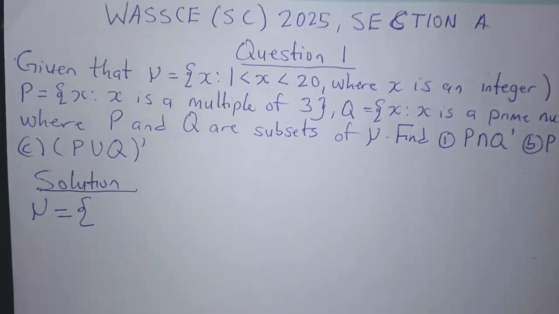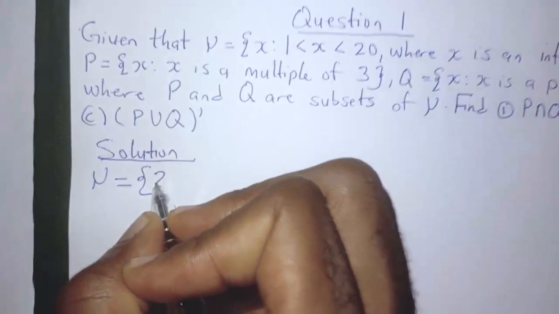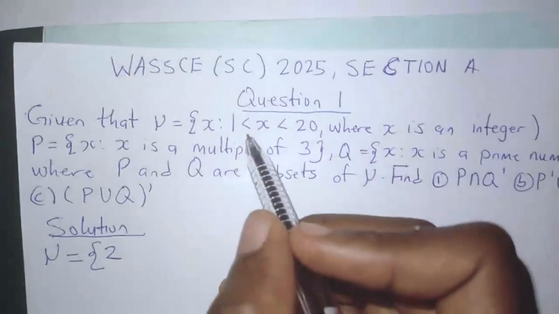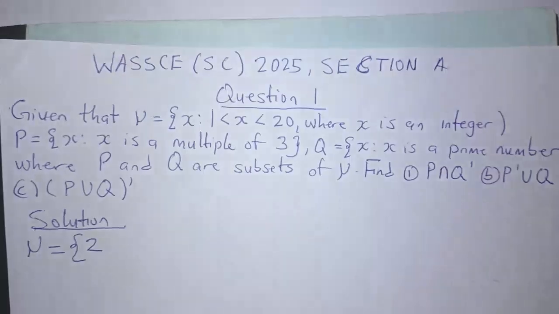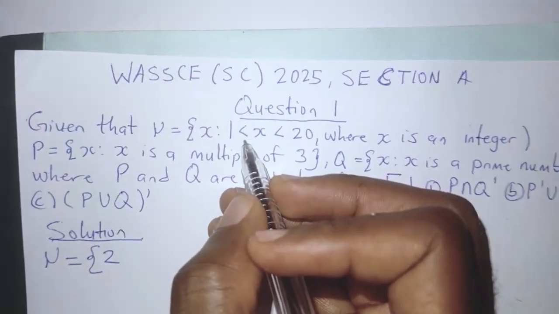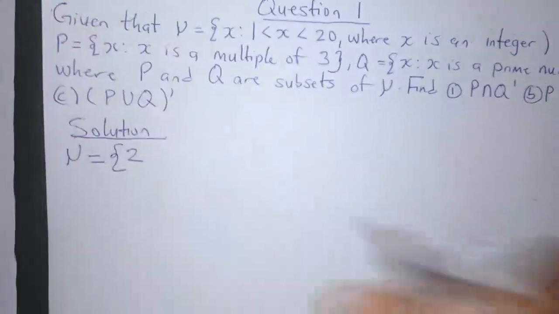Now, integers that are greater than 1 will have to start from 2. So you notice I did not include 1 here because this statement reads x is greater than 1. If it is a case where you have a line under this sign, that will read x is greater than or equals to 1. In that instance, you have to include 1.